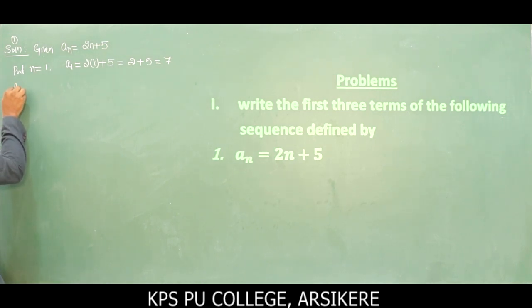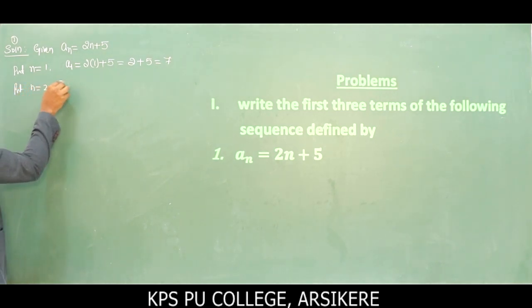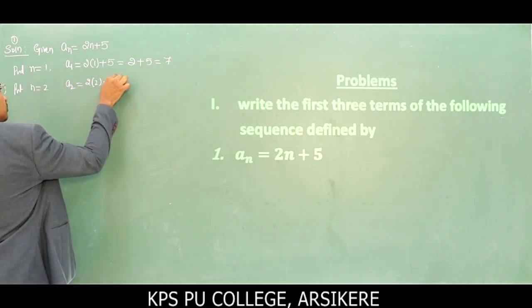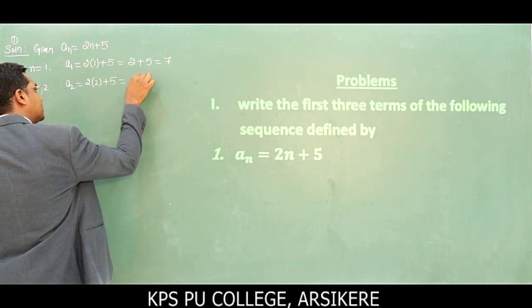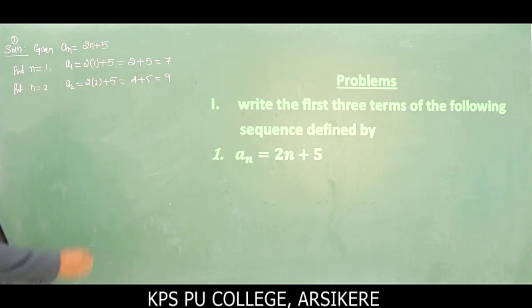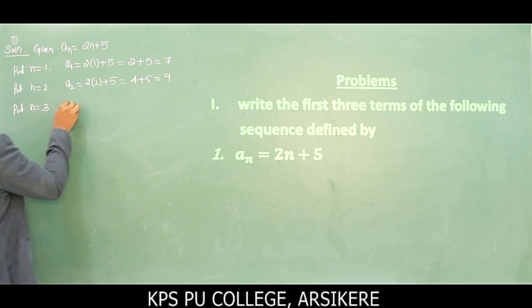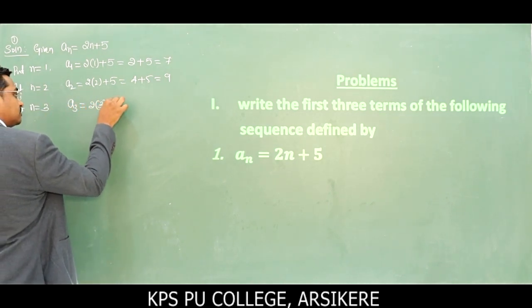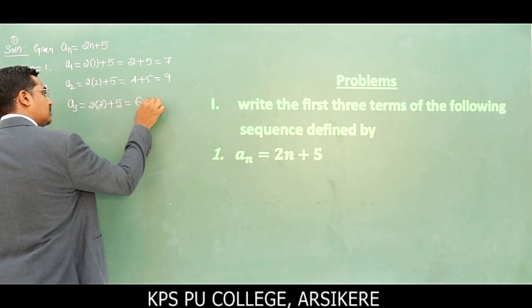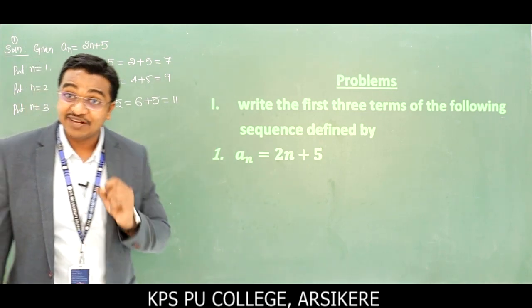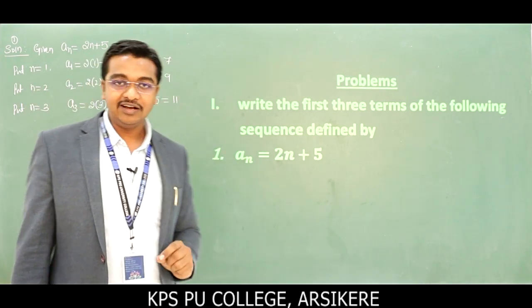Second term, put n is equal to 2. a2 is equal to 2 into 2 plus 5. It becomes 4 plus 5 is equal to 9. The second term is 9. Put n is equal to 3. So a3 is equal to 2 into 3 plus 5. 6 plus 5 is equal to 11.